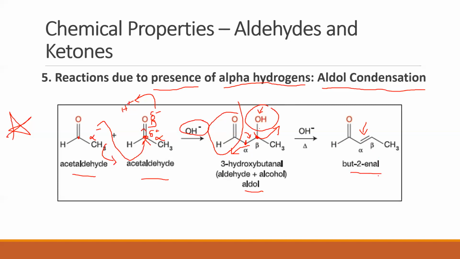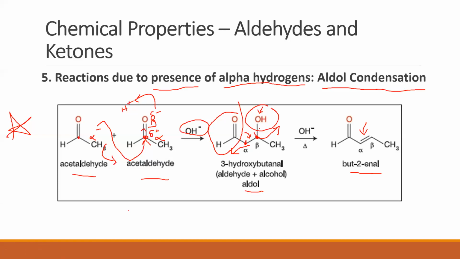Clear? So if this step happens, then it results in aldol condensation. Whereas if it stops at the first step, then it is called the aldol reaction. Clear? Yes. So very, very important. You need to understand what's happening here.